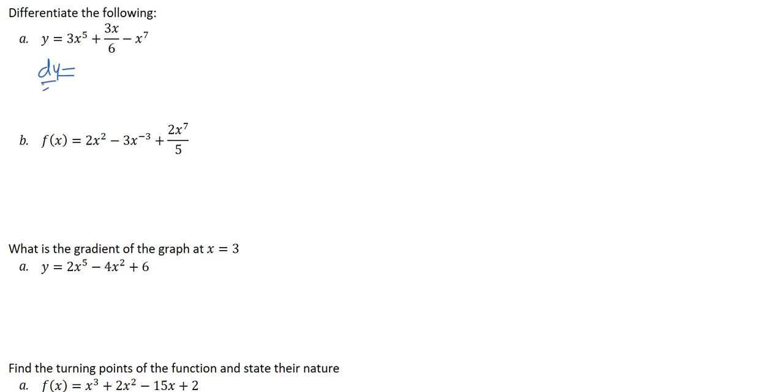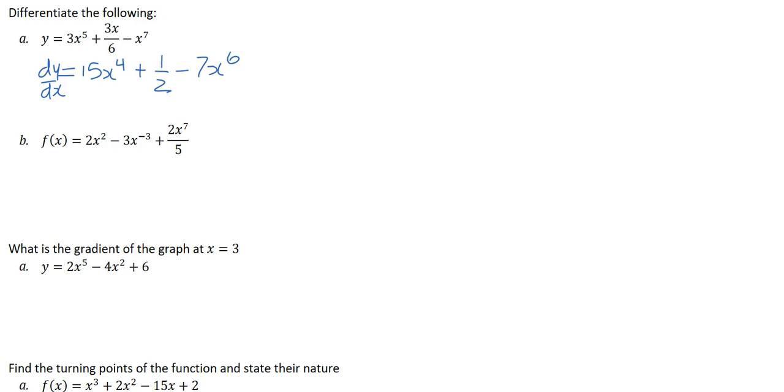So dy by dx, differentiate 15x to the power of 4 plus 3 over 6, which is actually a half, minus 7x to the power of 6. Cool, everyone happy with that? We'll change that round to a half. Happy? Alright, next one then.